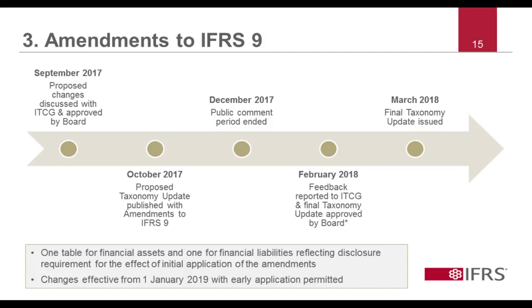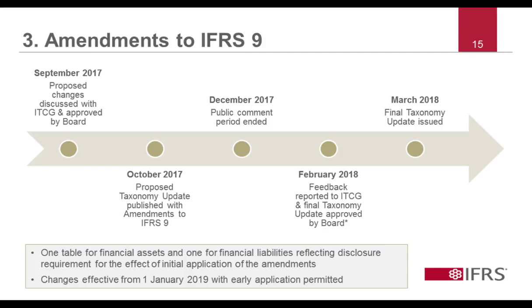Now let's move to the third group, which is related to amendments to IFRS 9 Prepayment Features with Negative Compensation. That was published again together with the amendment to those standards in October 2017. As a result of that publication, the IFRS Taxonomy was updated to include 2 tables to reflect 1 new disclosure requirement for this amendment.